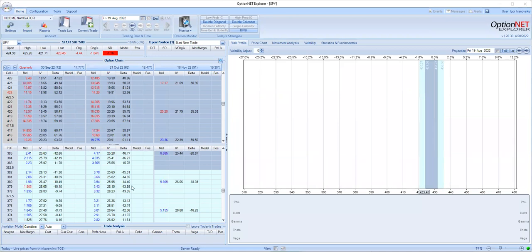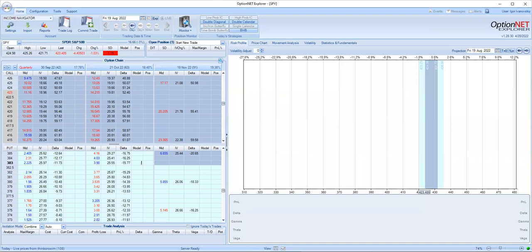Now we know that we can use delta to estimate probability of an option expiring in the money. If we're looking for an option that has a probability of expiring in the money around 15%, I would have to guess we would have to go somewhere around either 383 or 382. Now we can take a look and see how close we got.